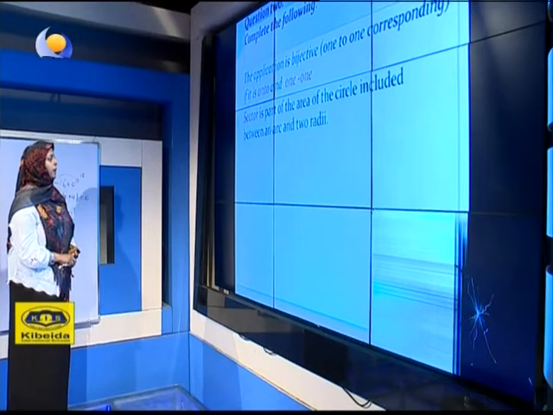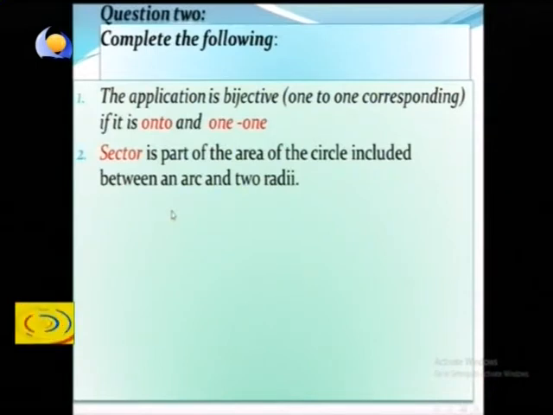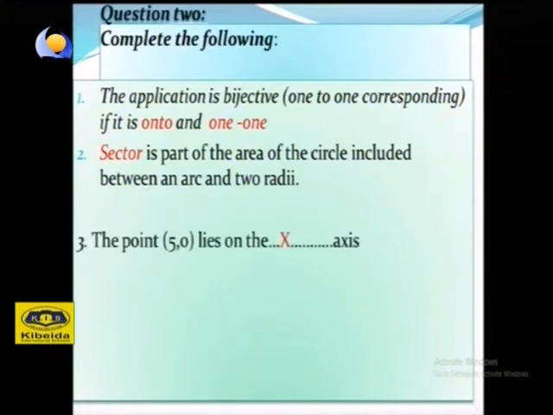Number 2, actually it is dash, a part of the area of the circle included between an arc and 2 radii. In this one I have two, I need the board to explain it. I have 2 parts of the area of the circle, and usually students mix between them. Here are 2 circles to differentiate between them.